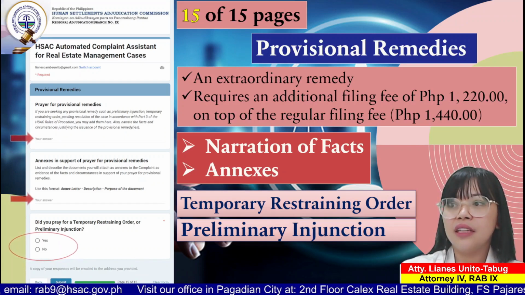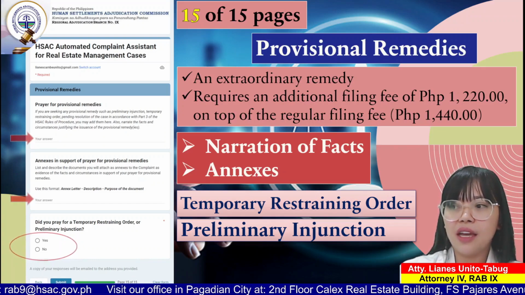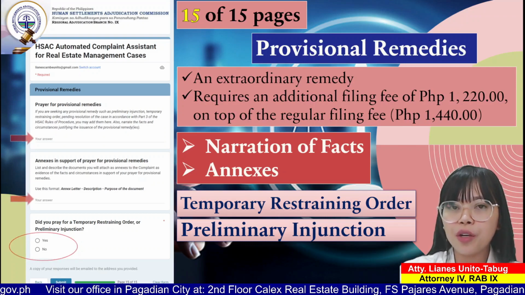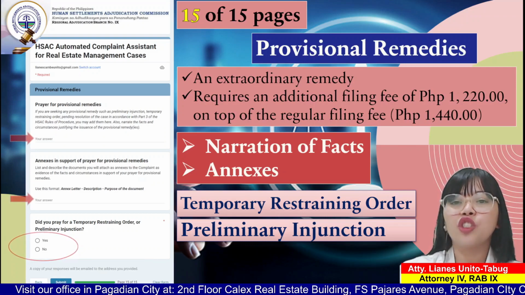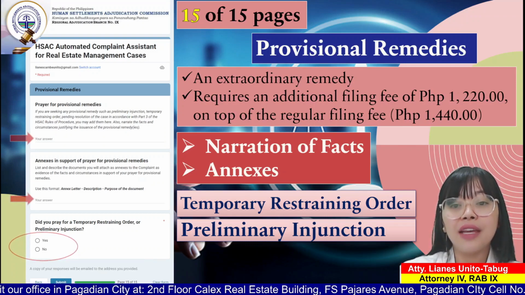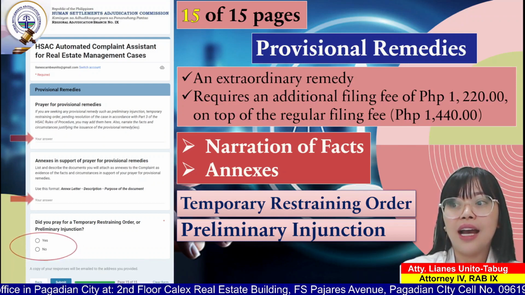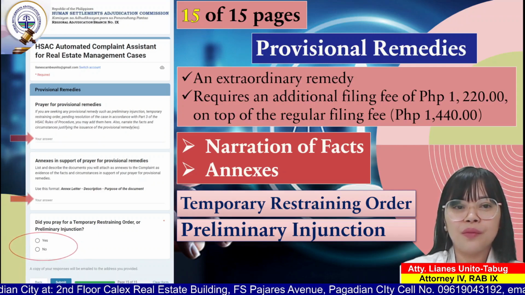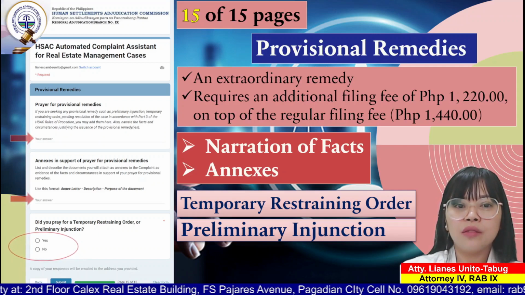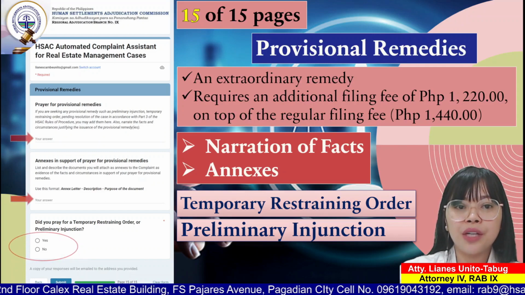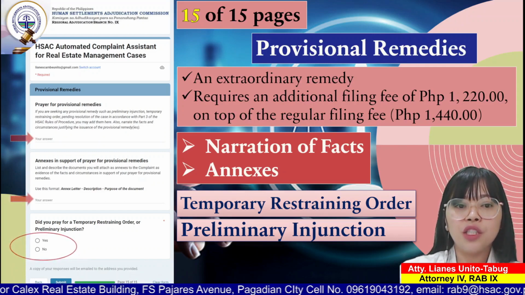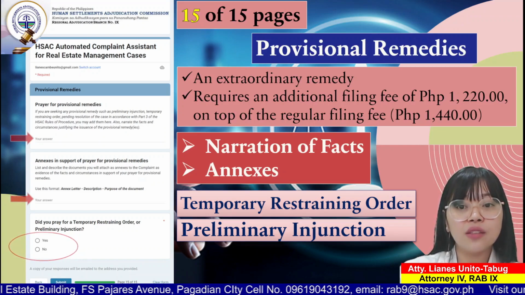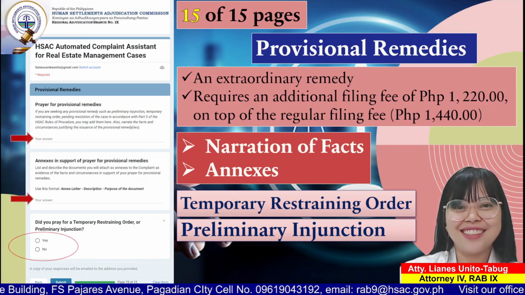That if not granted, a substantial and irreparable injury to applicant's property will follow, and there is no adequate remedy available at law. So, if you want to pray for a temporary restraining order or preliminary injunction, you can just select yes or no on this page.